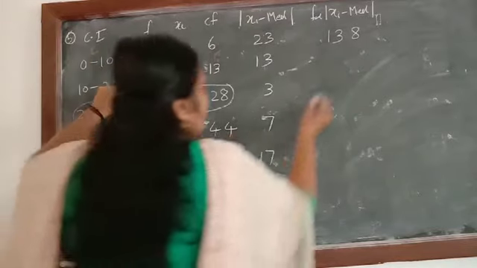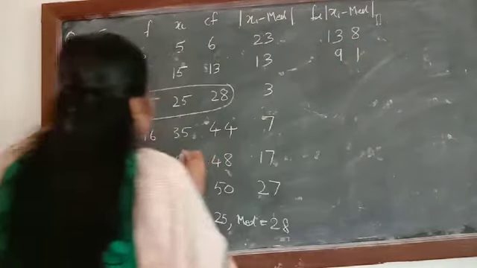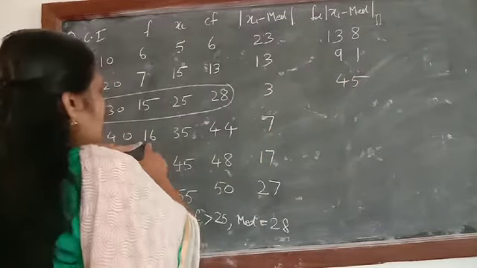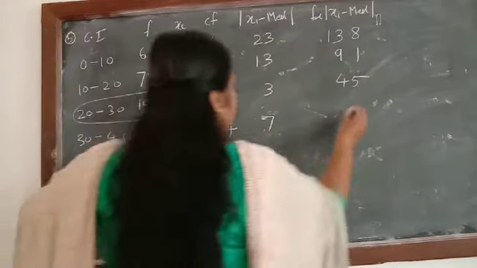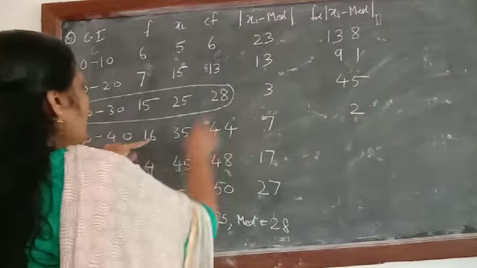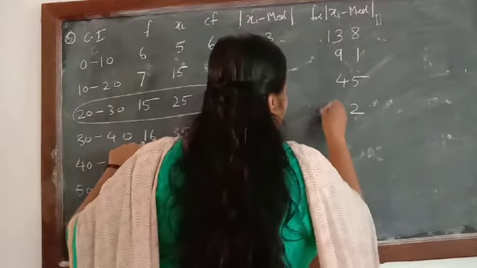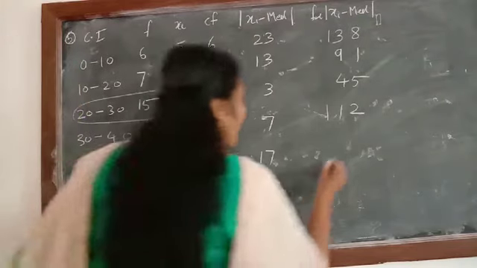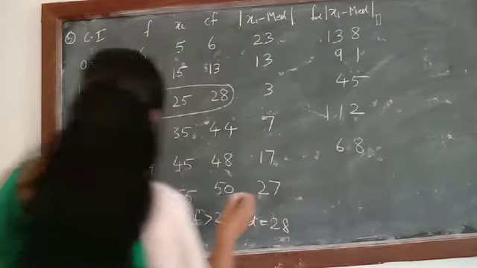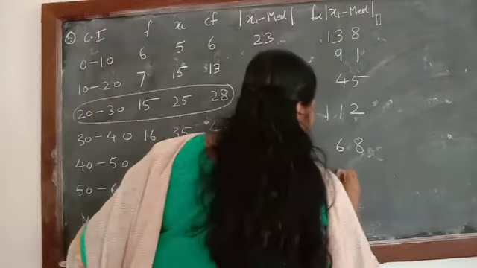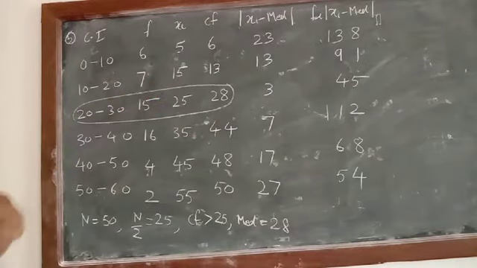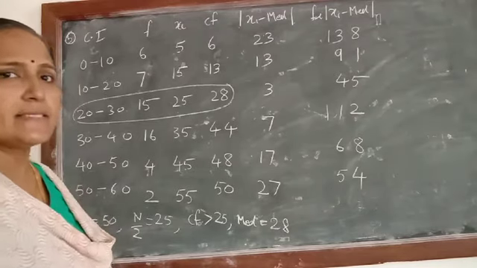Then next 13 into 7, 91. 15 3s are 45. 16 into 7, 7 6s are 42, carry over 1, 7 into 1, 7 plus 4, 11 there. After that 17 4s are 68. Then 27 into 2 will be equal to 54. Fi into modulus of xi minus median.